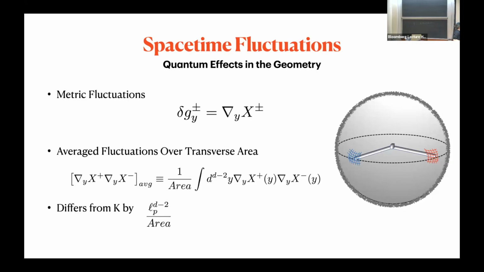If you take this and average over the transverse directions by integrating over them and dividing by the area, this quantity on the right-hand side differs from the modular Hamiltonian by a factor of the Planck length. In some arbitrary number of dimensions, it's L Planck to the d minus 2 divided by the area.